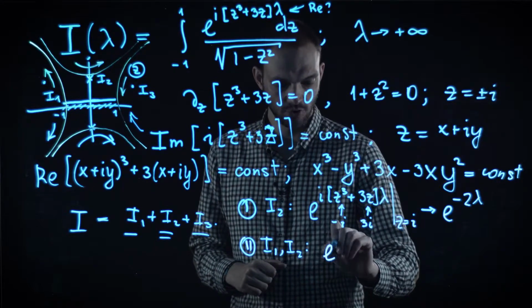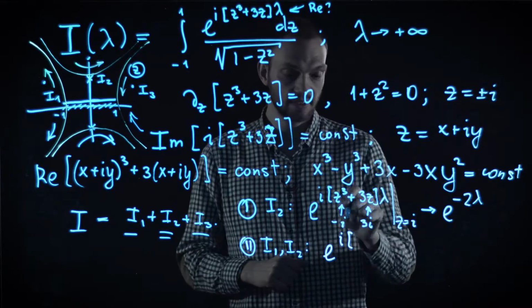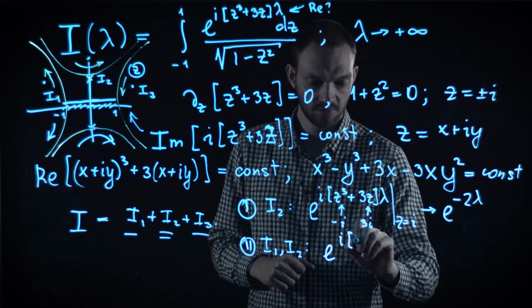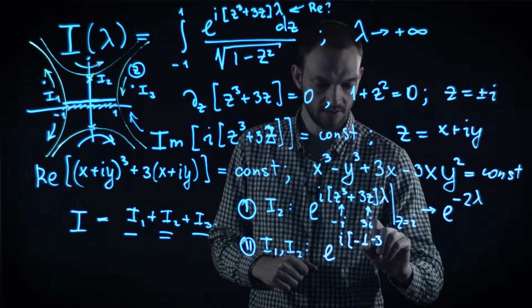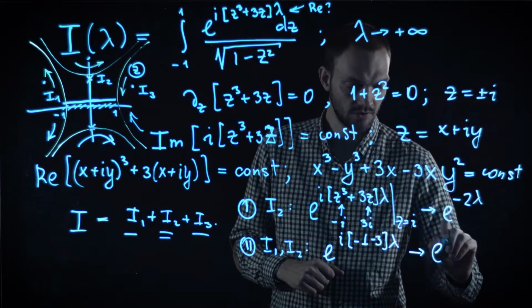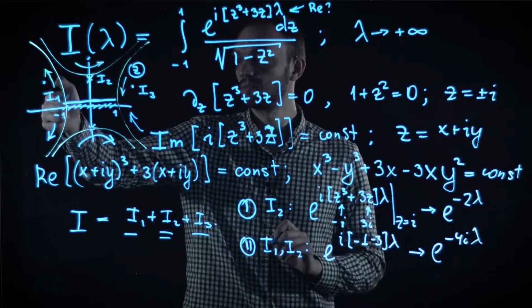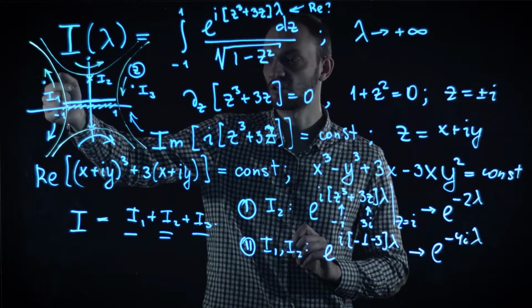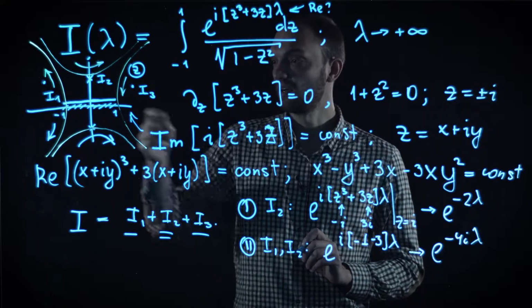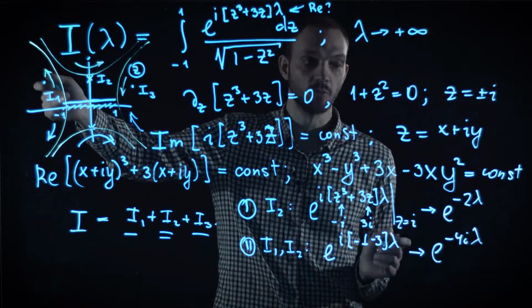If we substitute now z equal to -1 into the same expression, this just becomes -i minus 3i lambda, which is nothing but exponent of -4i lambda. So obviously, this part of the integral described by I1 and I3, as contributed by the endpoints, doesn't have any particular smallness.